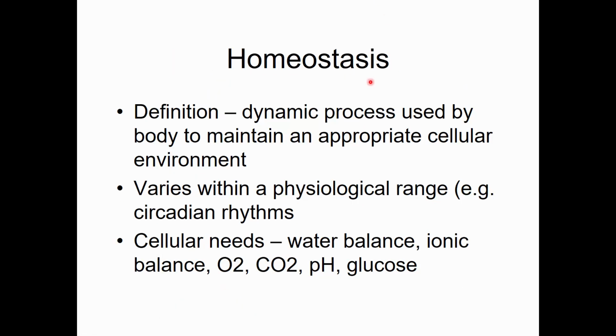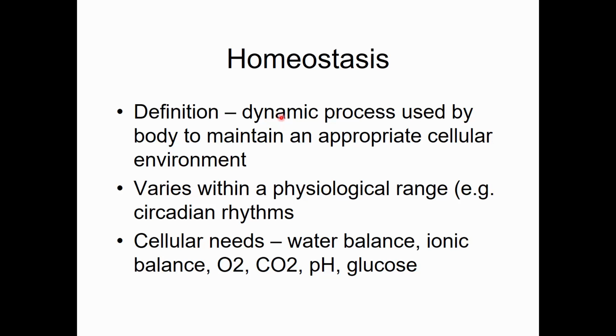So homeostasis is defined as a dynamic process. There's a lot of give and take used by the body to maintain an appropriate cellular environment. So one of the things you've learned about is that cells need to be in a saline solution that's high in sodium chloride and low in potassium.